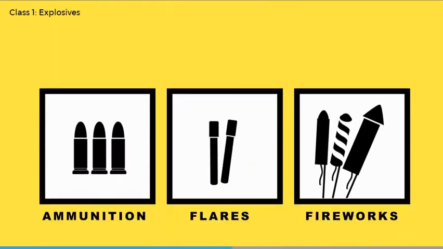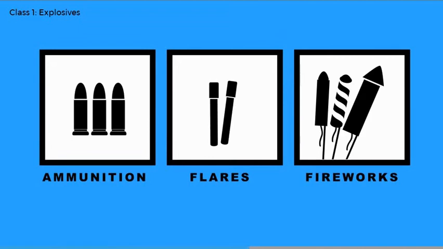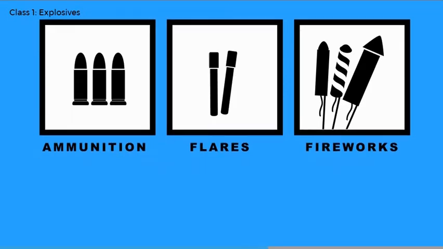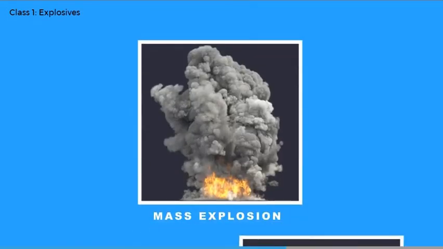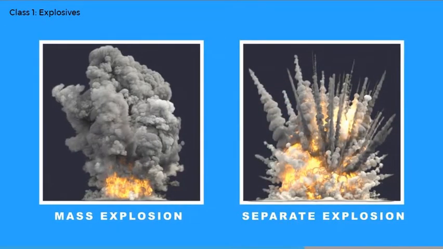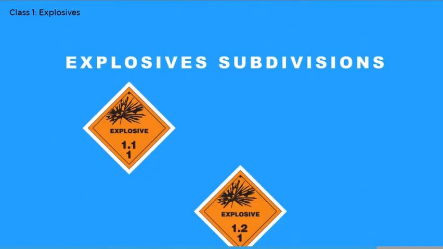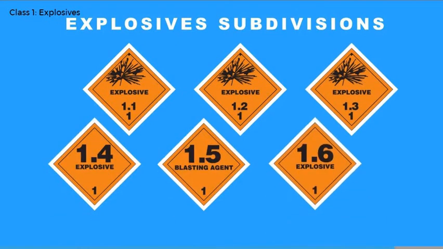The dangerous goods can go up in a mass explosion, where the entire body explodes as one, or there may be a serious projectile hazard caused by the conditions of its storage or process of manufacture. Because of the varying explosion effects and sensitivity, there are 6 different divisions of the hazards class.